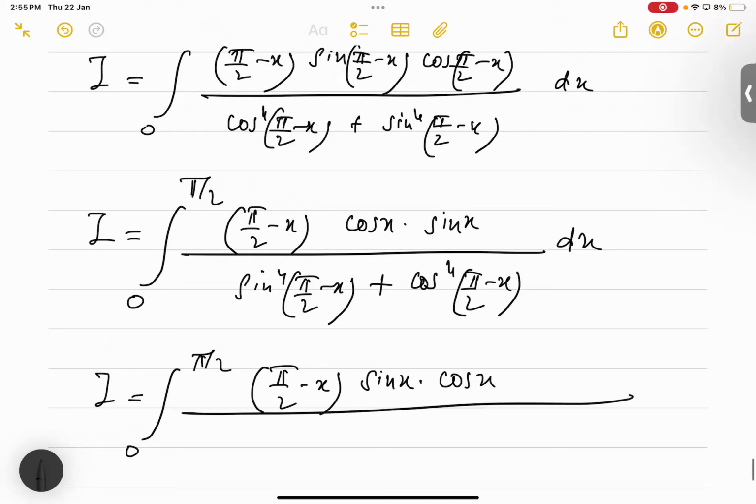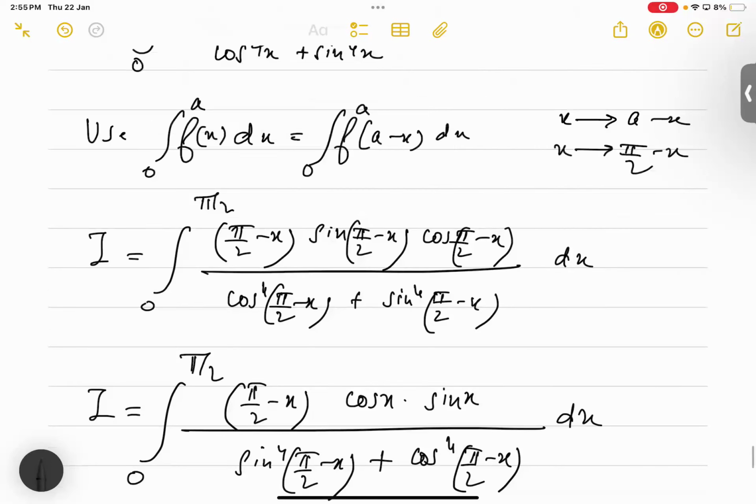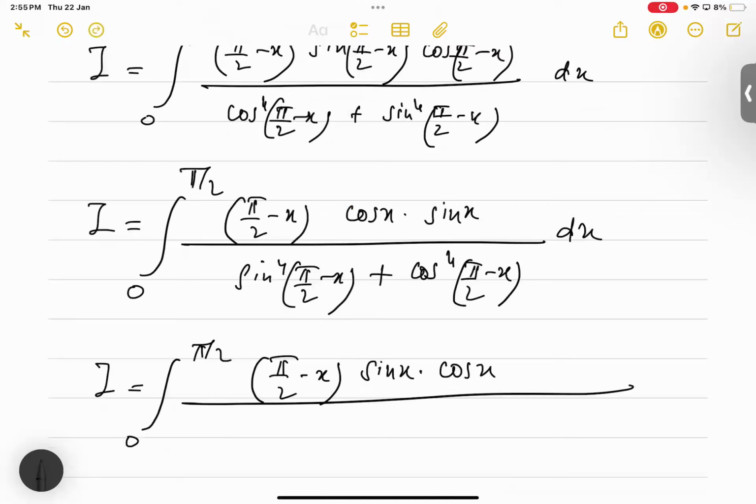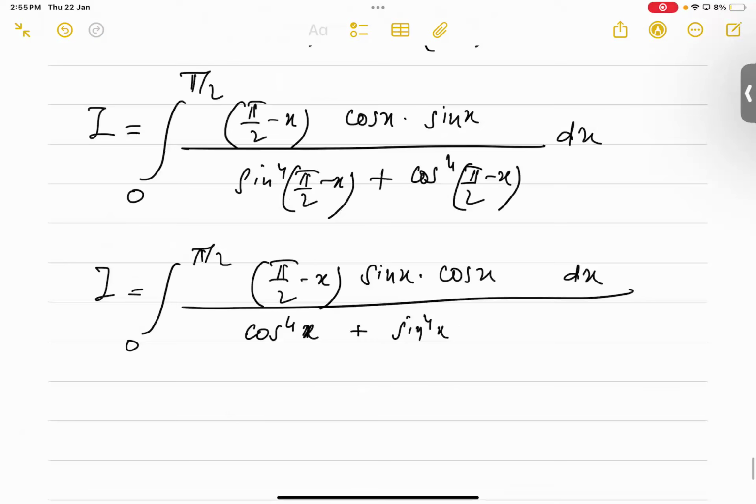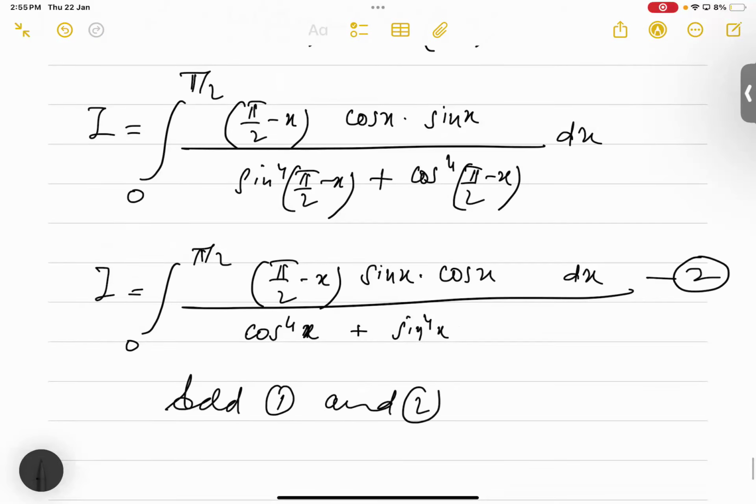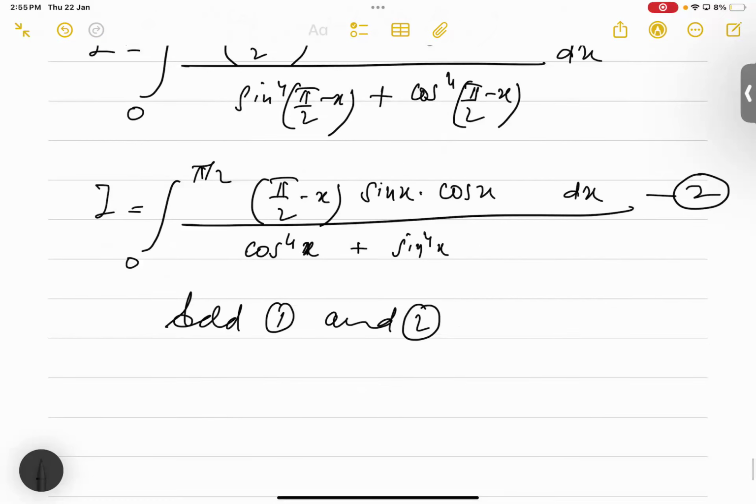I'm changing the order. Cos sin, I'm writing sin cos. And down also, I'm just reversing. Equation number 2. Add 1 and 2. Start.